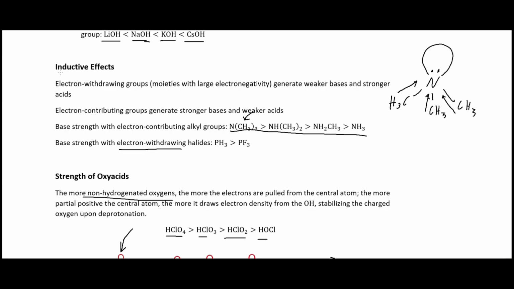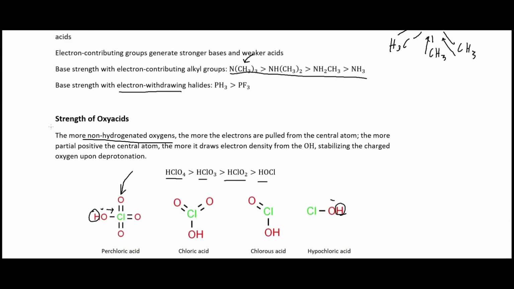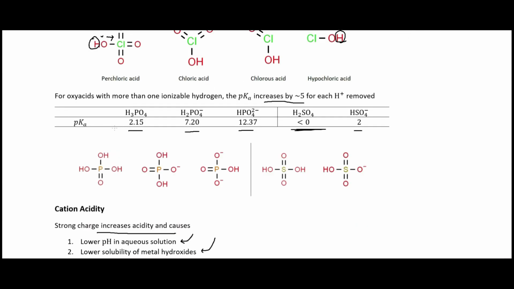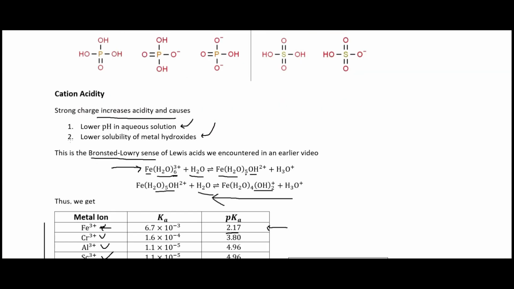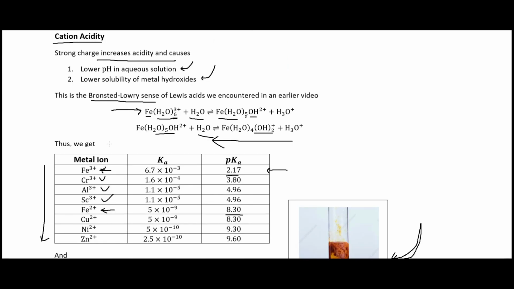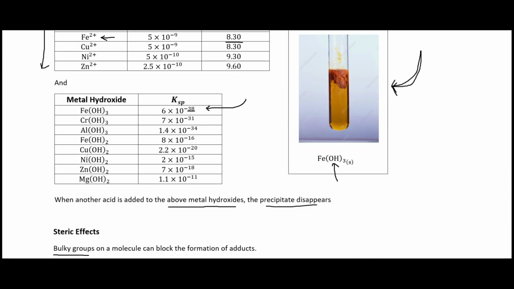But then we also have to take the inductive effects into account. With these oxyacids, you have to take the oxygen content into account, but also the H plus content for oxyacids with more than one ionizable hydrogen. Then with cations, so with Lewis acids, you have to take the charge into account.